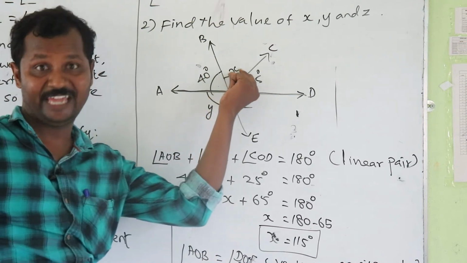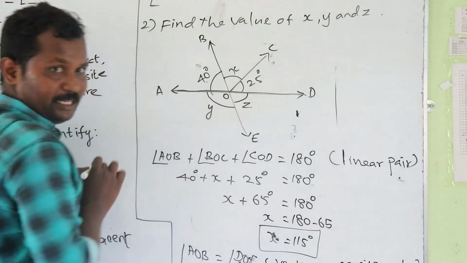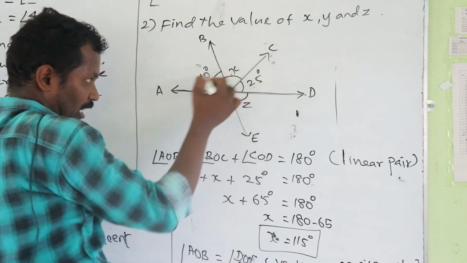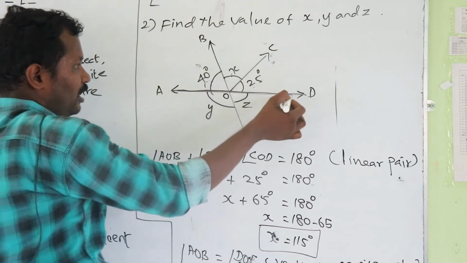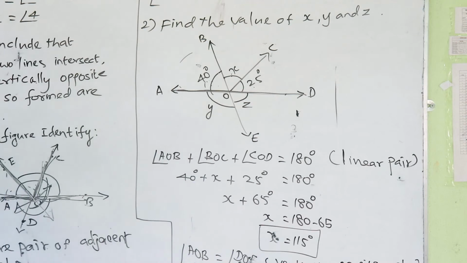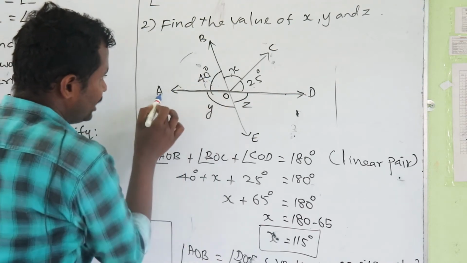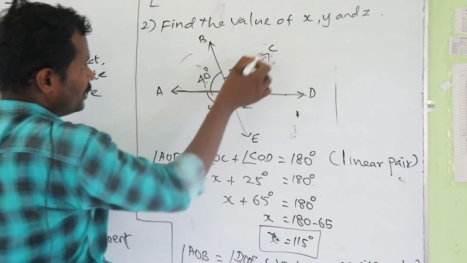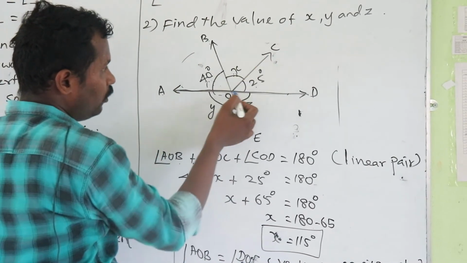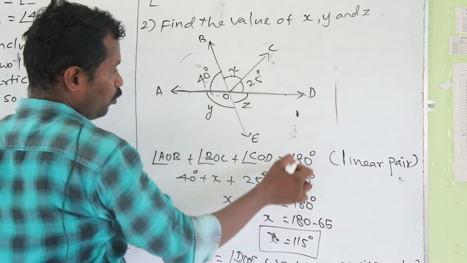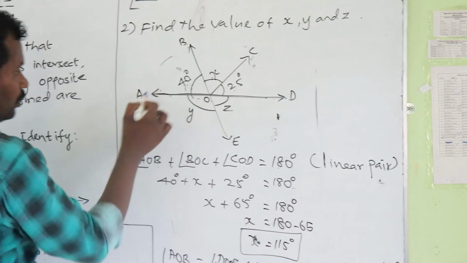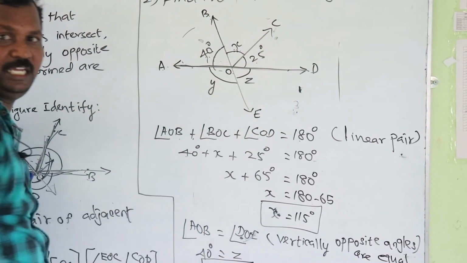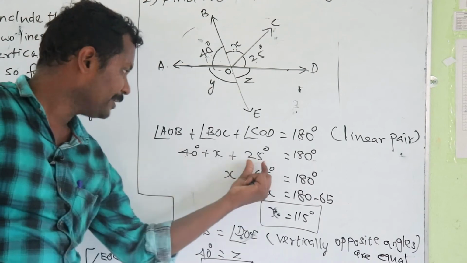To find the value of X, the sum of these three angles is 180 degrees. AOB is 40 degrees, BOC is X, and COD is 25 degrees, so 40 plus X plus 25 is equal to 180. 40 plus 25 is 65.